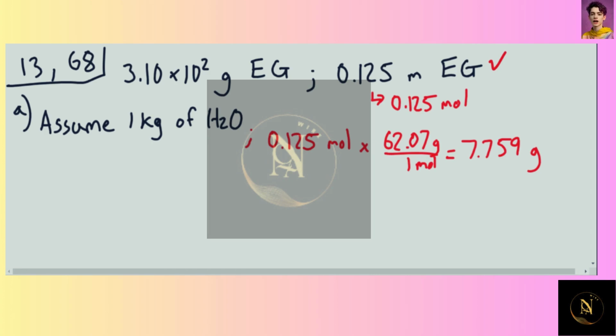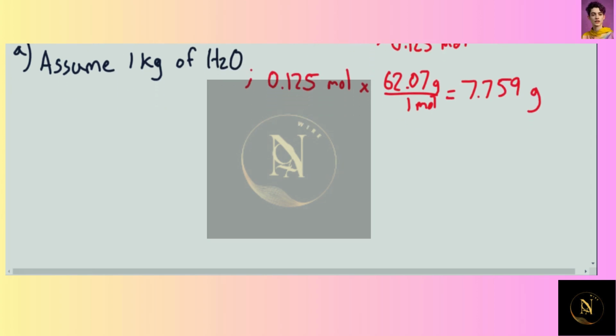So we're going to go ahead and make a ratio now. So we know 7.759 grams of ethylene glycol for every 1,000 of solution.